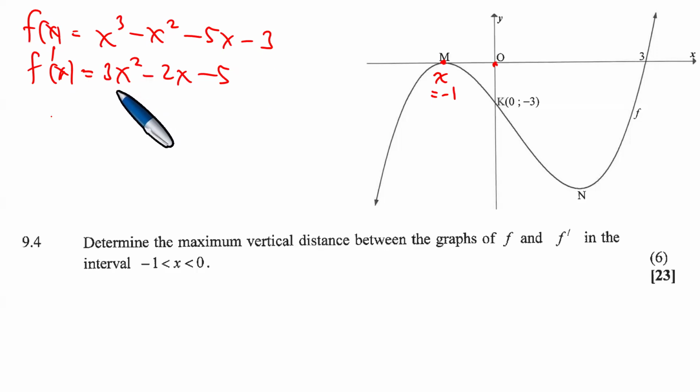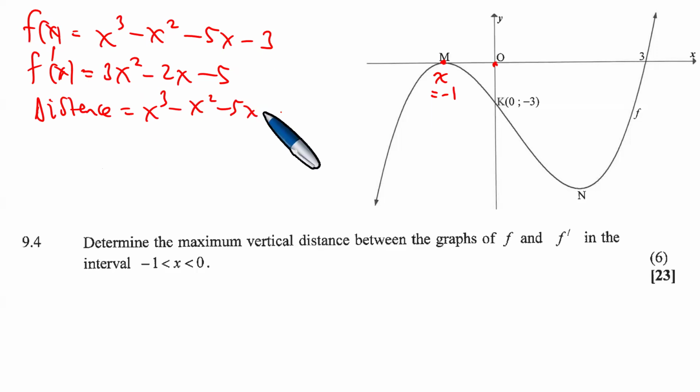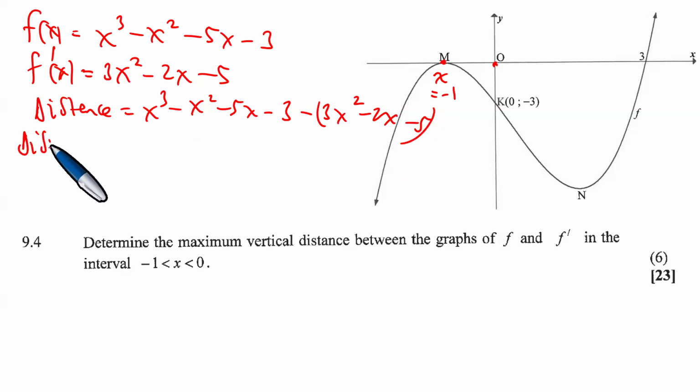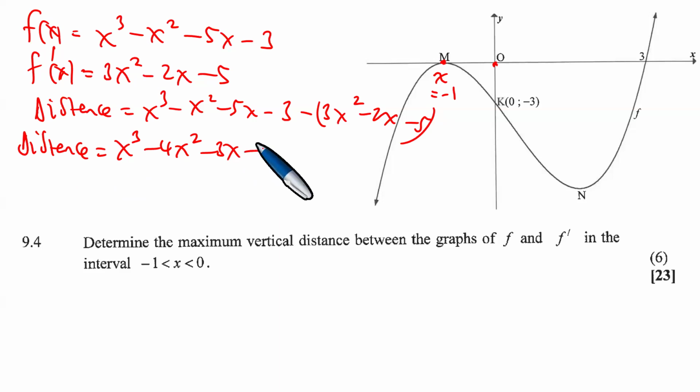You want to find the maximum vertical distance, so the distance is x cubed minus x squared minus 5x minus 3 minus (3x squared minus 2x minus 5). So the distance is x cubed minus 4x squared minus 3x plus 2.